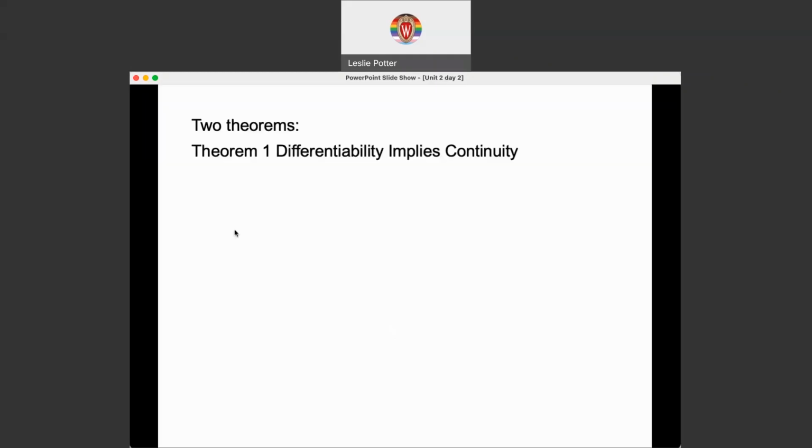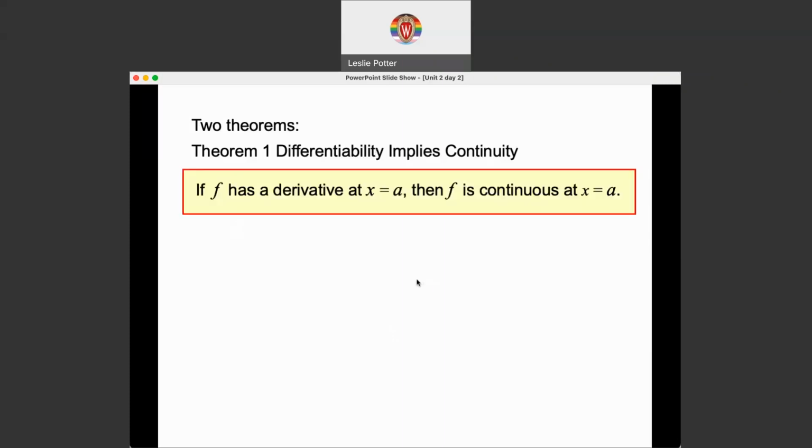Okay, so 2 theorems that are kind of obscure. Differentiability implies continuity. In other words, if I can calculate the derivative, then that function is continuous at that point. So what is that implying? Derivative implies that the limit exists, it's continuous, and it's smooth, right?